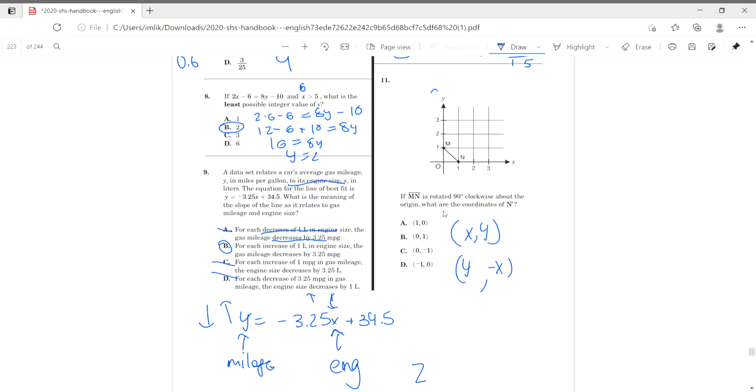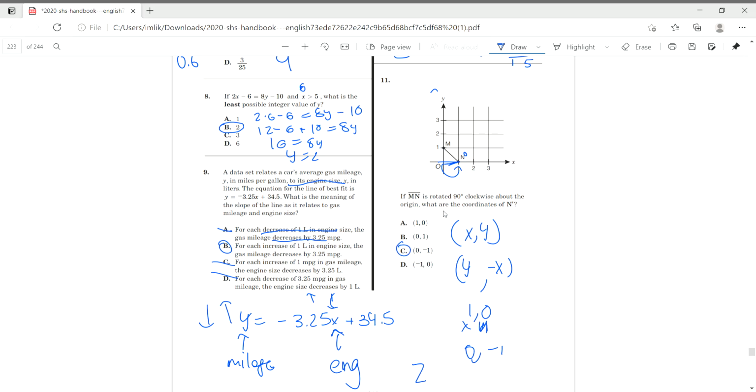So N regular is going to be, sorry, y is 0, so it's going to be 1 comma 0, because we go 1 here and 0 because we're still at level. 1 comma 0, and this is our x and this is our y, and they're going to switch places, so it's going to be 0 comma negative 1, which is C.